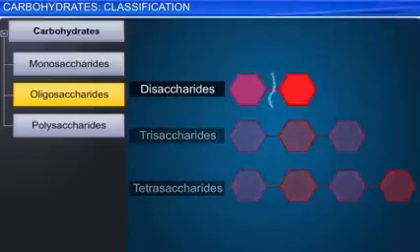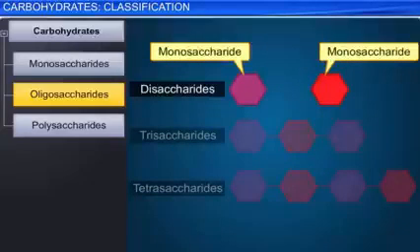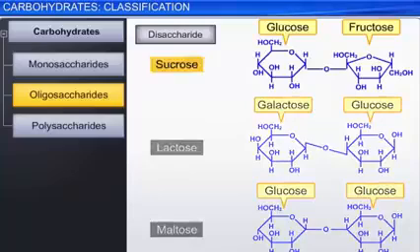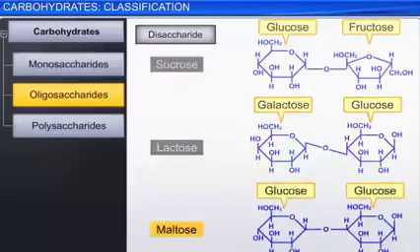On hydrolysis, a molecule of a disaccharide yields 2 molecules of monosaccharides. In other words, a disaccharide is made up of 2 monosaccharide units. The monosaccharide units that are produced on hydrolysis may be the same or different. Sucrose, lactose, and maltose are examples of disaccharides.